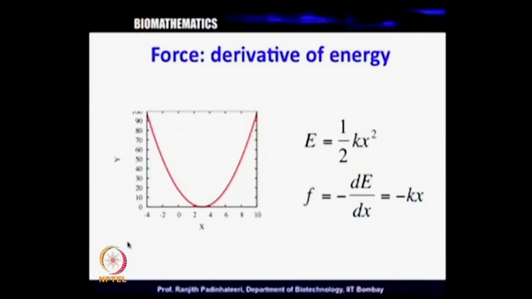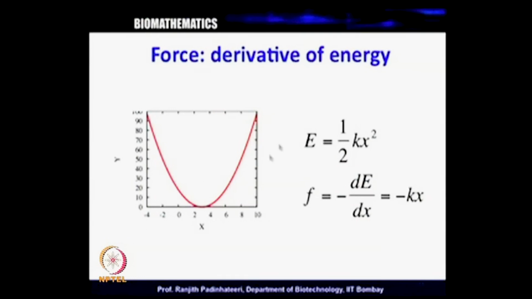Now this derivative has a lot of physical meaning. This is something we will discuss in the coming lectures. Let me just give you a glimpse of what physically this derivative means in some cases. Let us have a look at this slide. The derivative of energy is nothing but force.